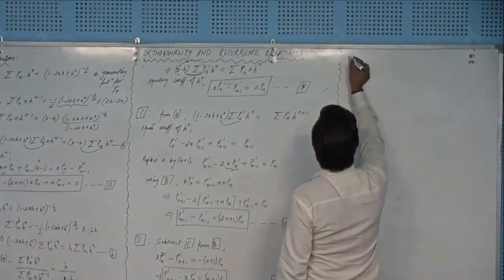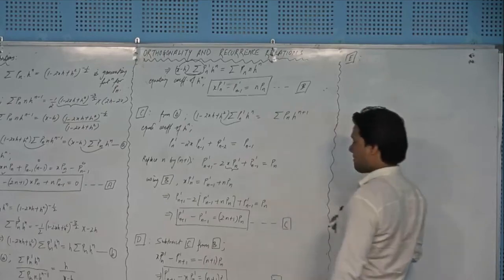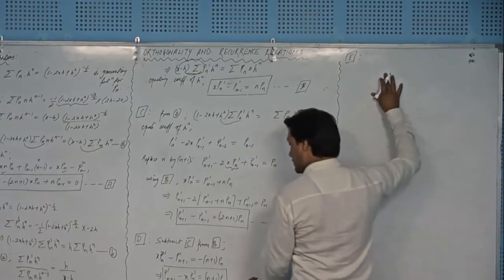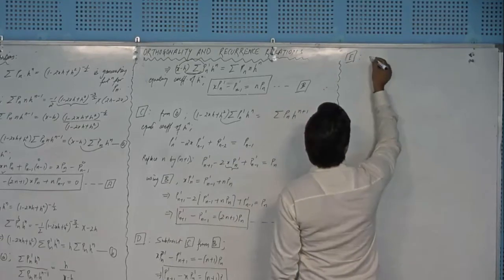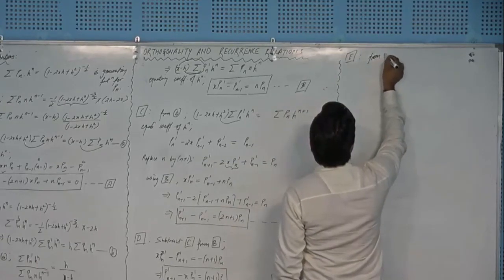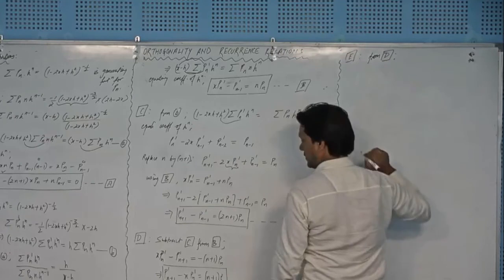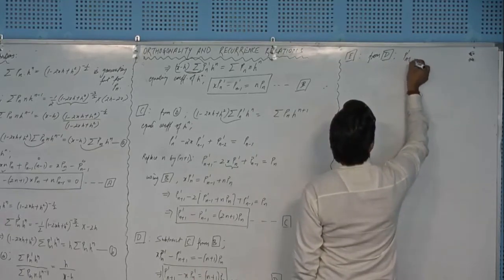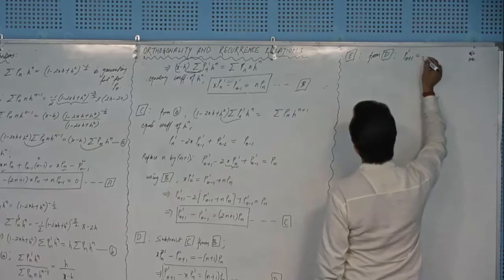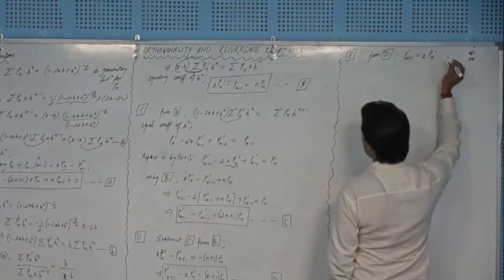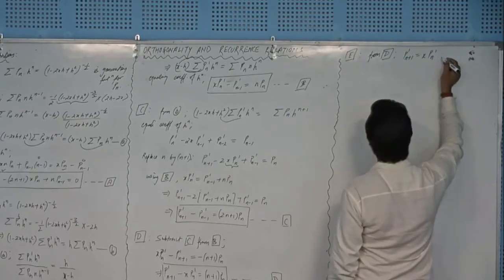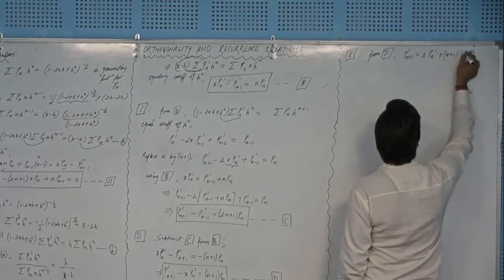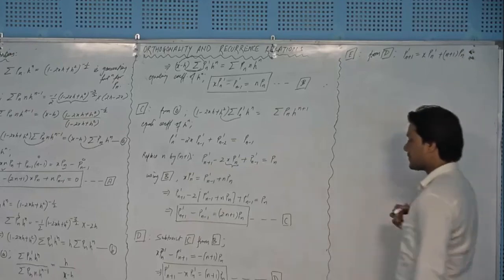Now the fifth recurrence relation can be obtained from recurrence relation D. You should find the value of P'(n+1) = x Pn' + (n+1) Pn, right?